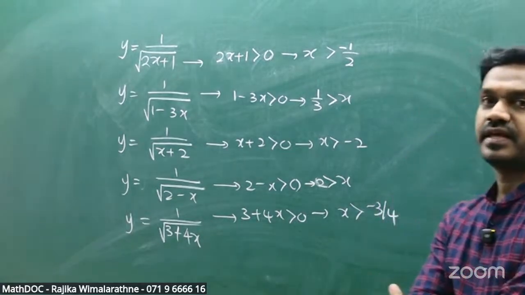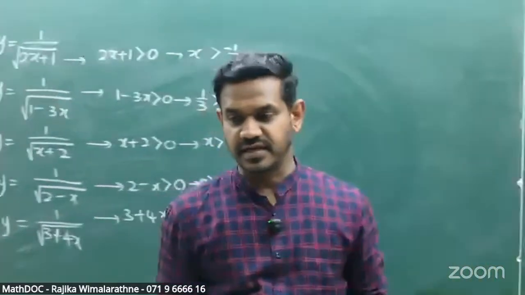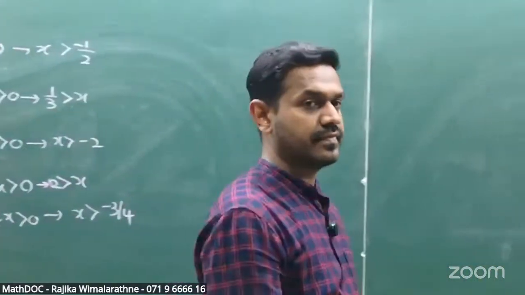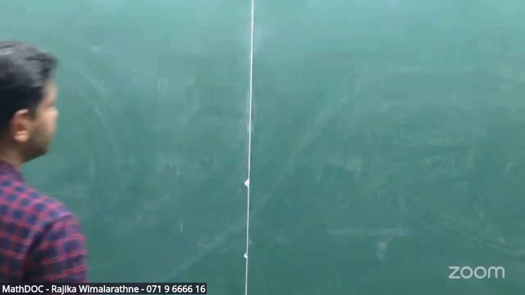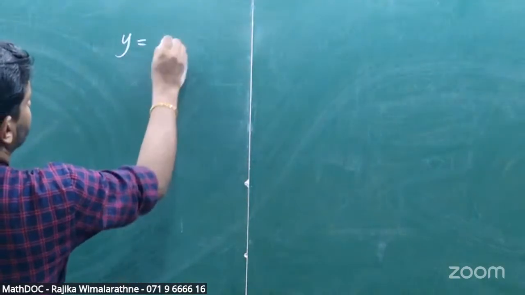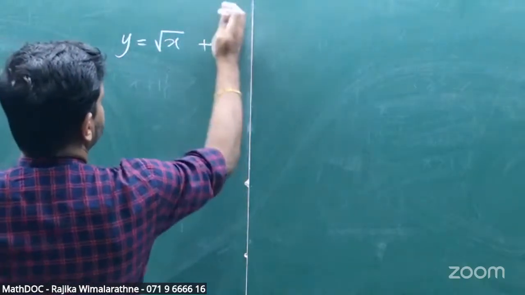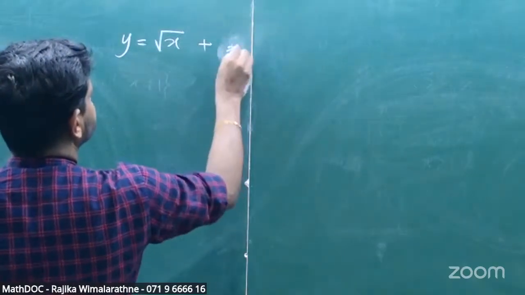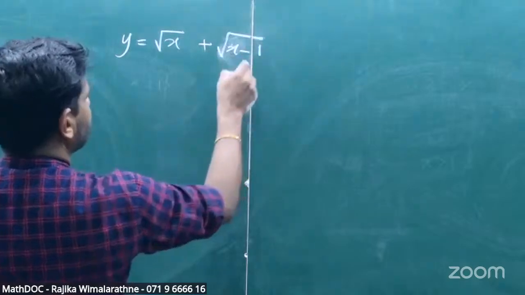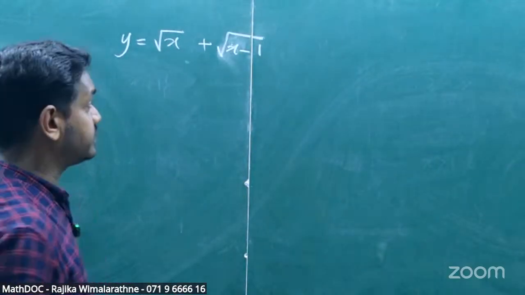Now you take this example. Now you consider y equal root x plus root of x minus 1. Now here we have two irrational values.